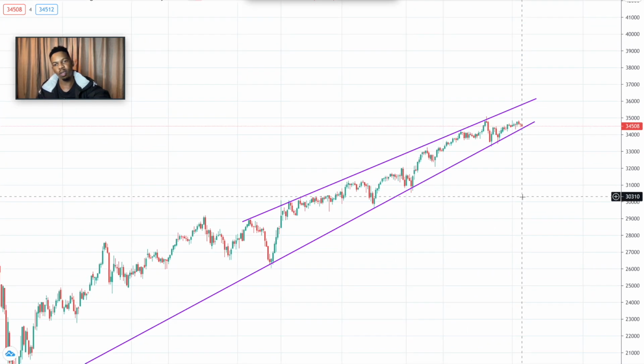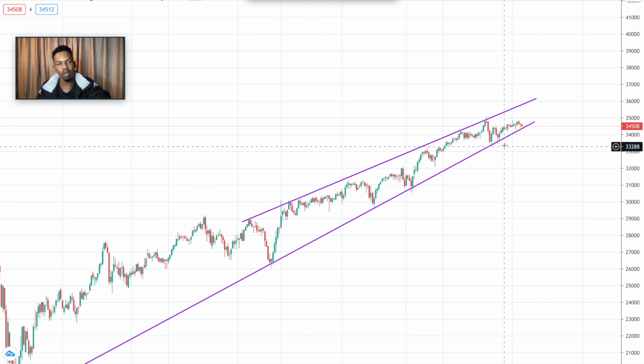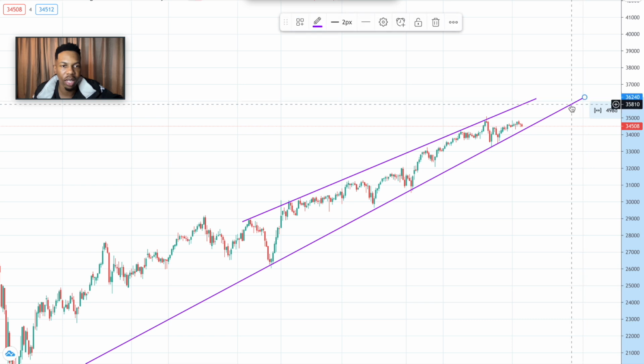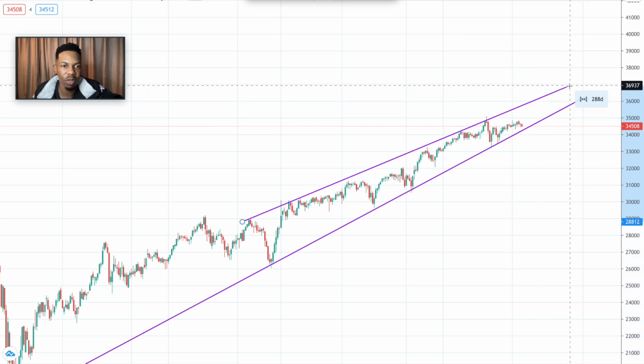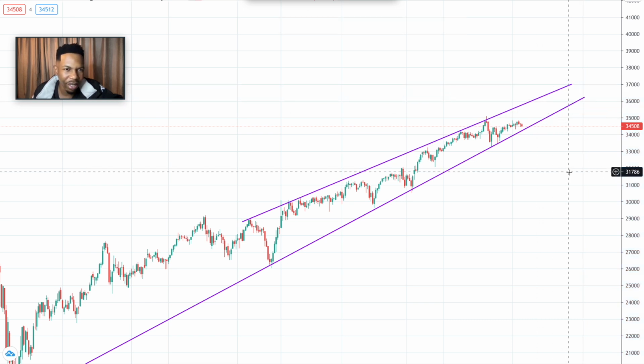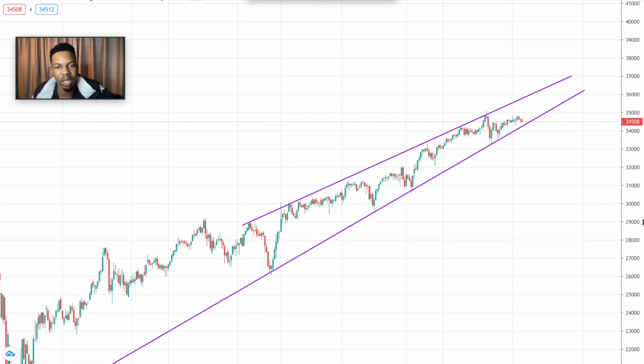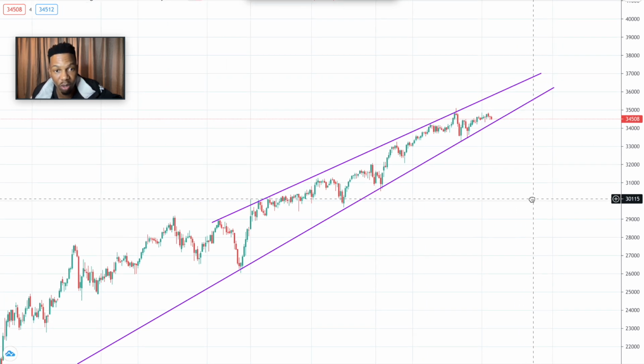Now you see what's going on. The price is bouncing between the top trend line and the bottom trend line. That's just the overall trend of what's going on here. But if I draw my trend line and just move it a little bit further to the right, you see that the more we move to the right, the narrower it gets. You feel me? So there has to be a breakout somewhere, either to the top or to the bottom, right?